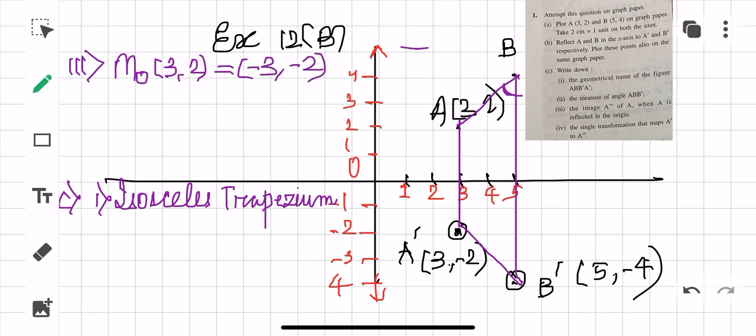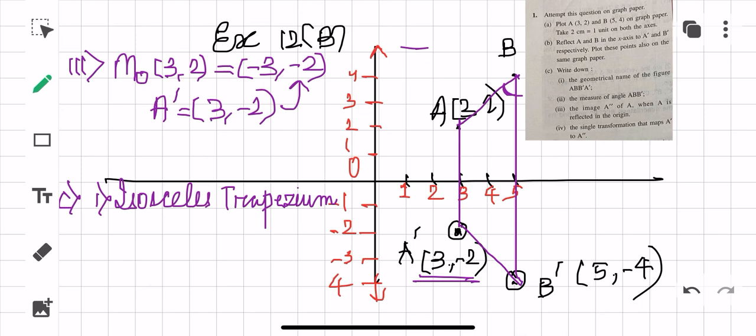Okay, and then the single transformation that maps A dash to A double dash. So if you see, my A dash was equal to how much? My A dash was equal to 3, -2. Okay, so children, see, if I want to go from 3, -2 to -3, -2, how can we go directly?